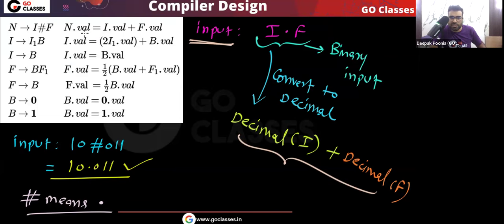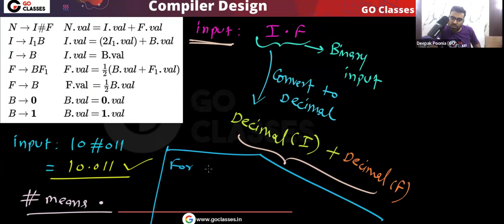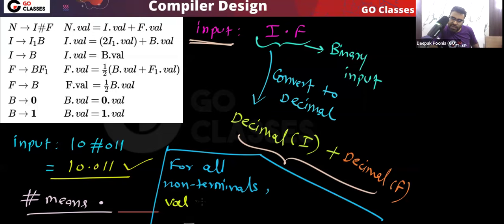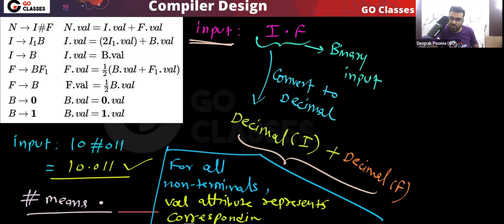For all the non-terminals, this val attribute actually represents the corresponding decimal value, the equivalent decimal value.